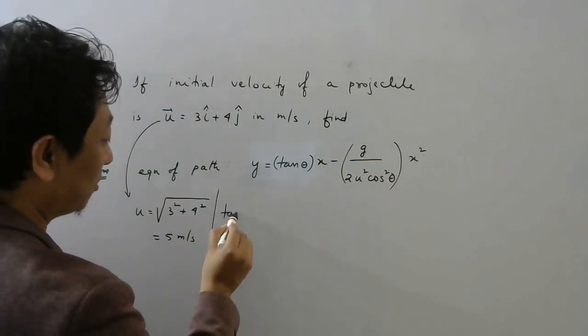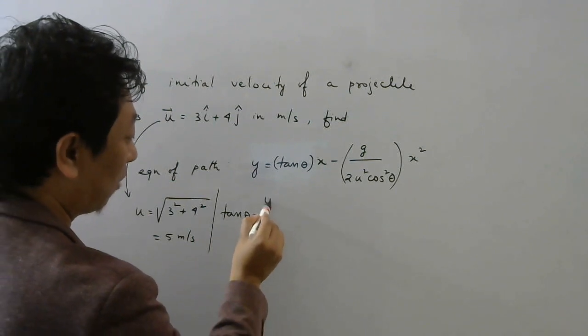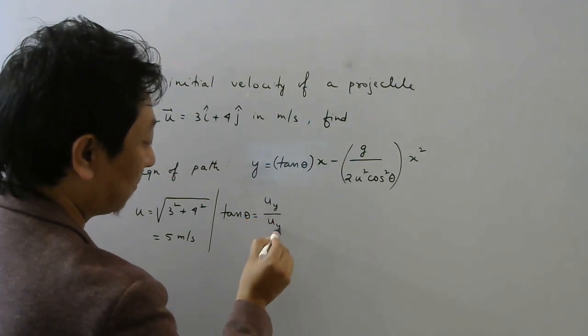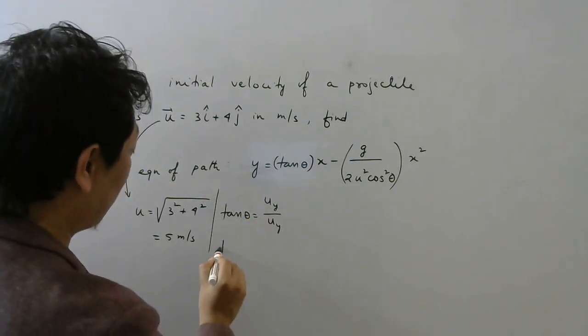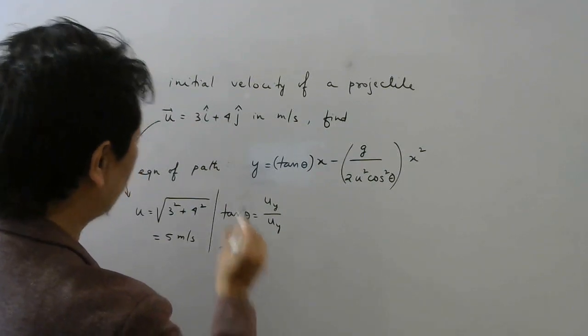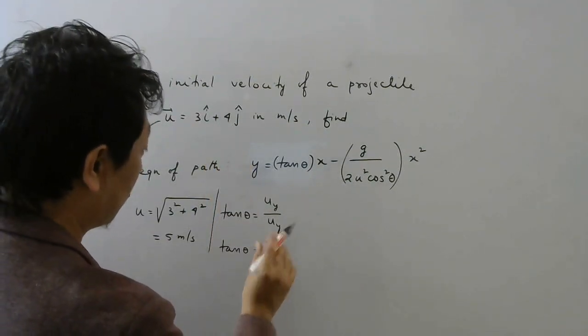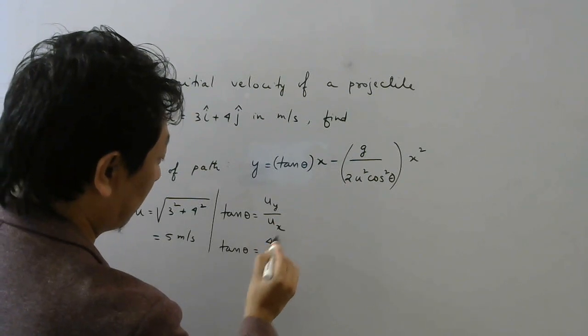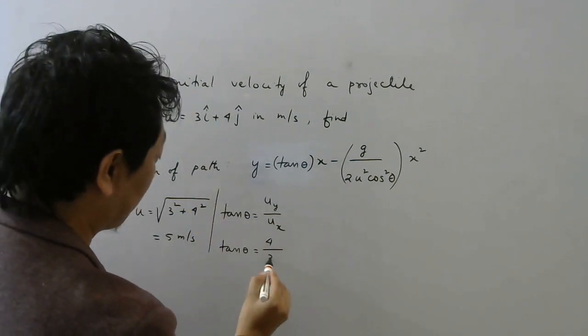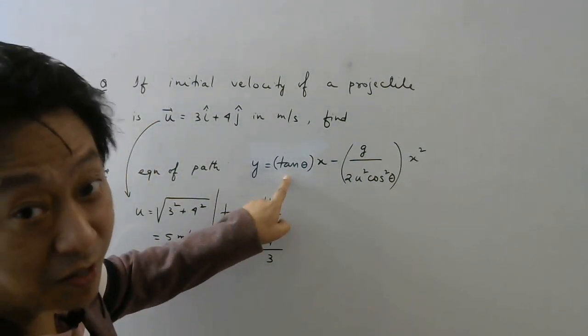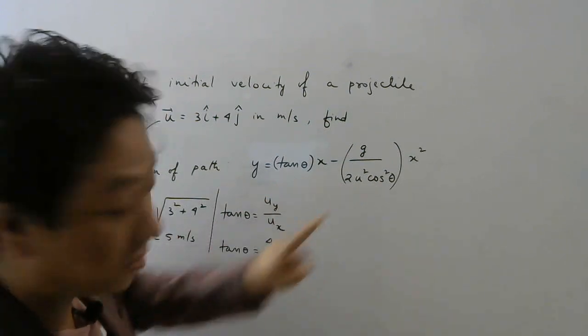Similarly, the angle of projection tan theta is uy divided by ux, right? So tan theta will be equal to uy, which is 4, divided by ux, which is 3. And remember, here we need tan theta. We also need cos theta.